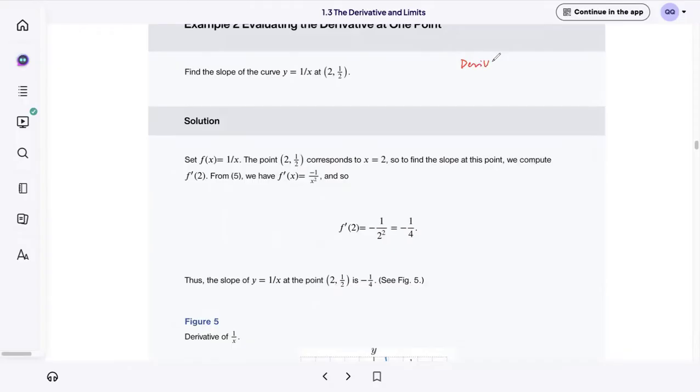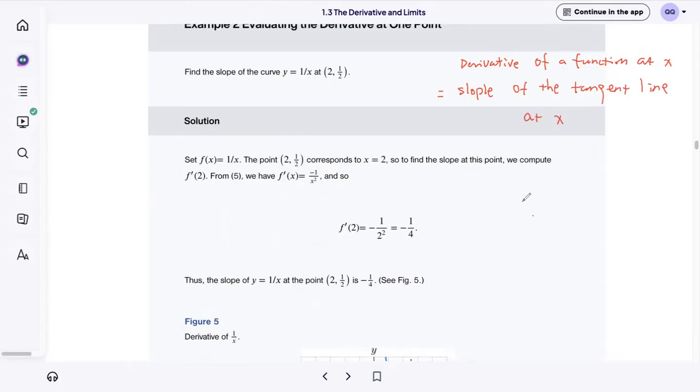The derivative of a function at x equals the slope of the tangent line at x. So what does this mean?